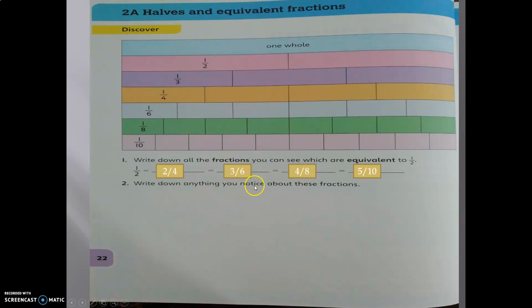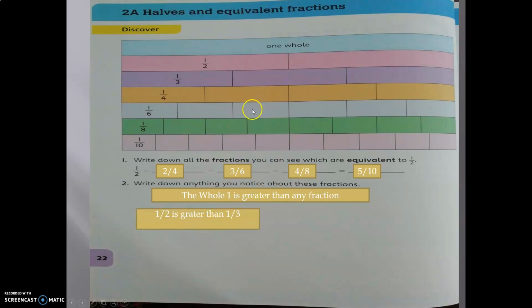Write down anything you notice about these fractions. First of all, look at the 1 whole bar, and look at the half, the third, the fourth, the 6th, the 8th, the 10th. Which is the biggest one? The whole one is greater than any fraction, because as we said before, the fraction means a small part out of the whole one.